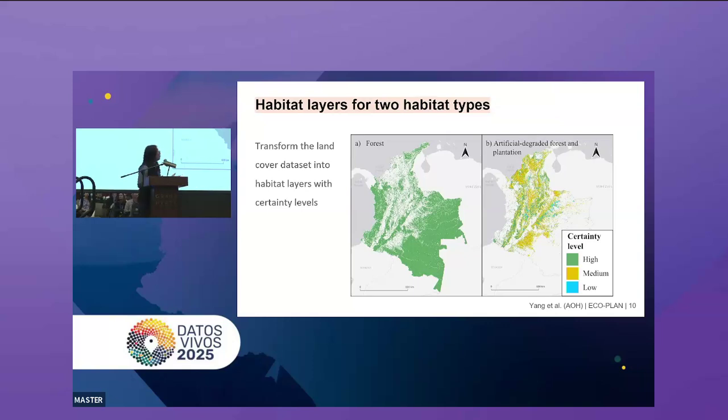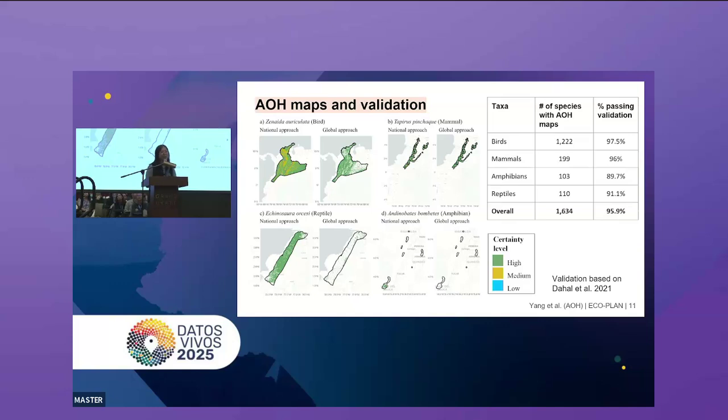So these are the two layers of habitat of forest and artificial degraded forest and plantation habitat types. We created a layer for all of the habitat types, and their associated certainty level. We then used these created habitat layers and produced the AOH maps for Colombian species, for more than 1,600 species.